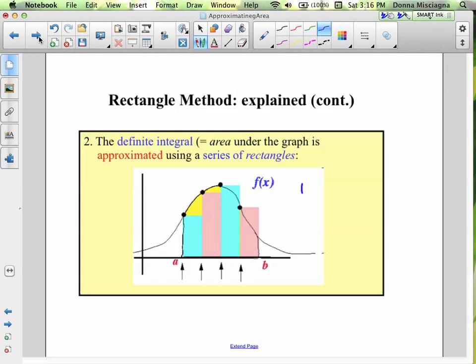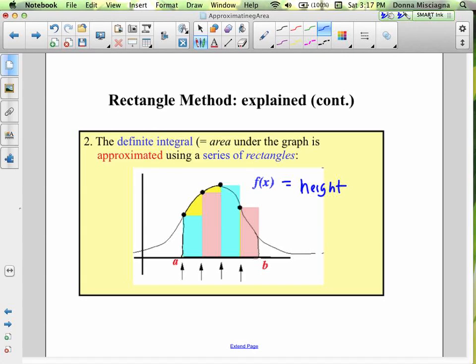All right, so the value of the function is the height. So f of x equals the height. The value of the function, or the height of our rectangles, depends on where we put the edge of the rectangle, because it's a rectangle and that's a curve. Rectangles have right angles, so it's going to be all vertical and horizontal lines.